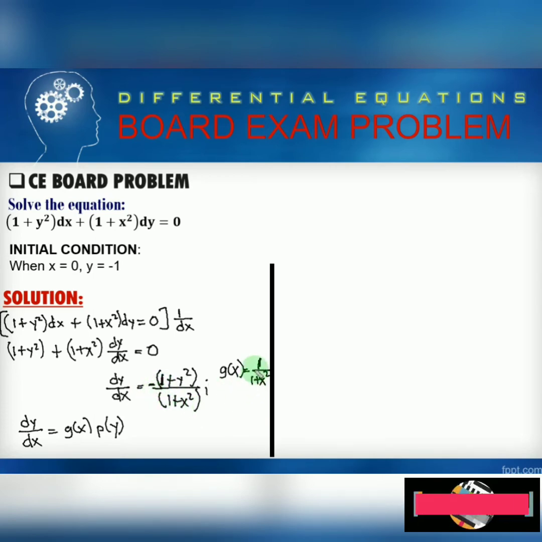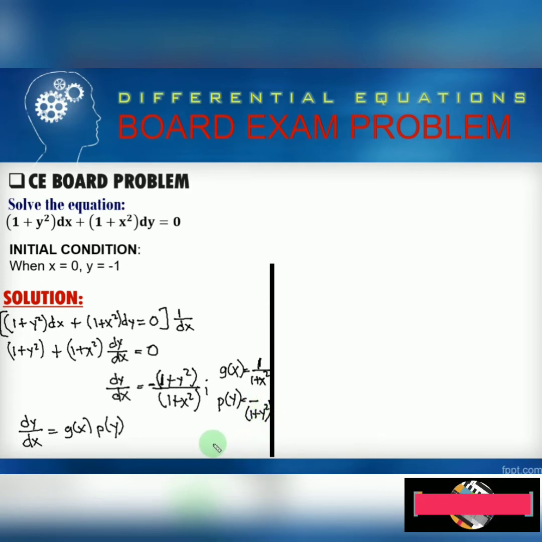So we have a function of x with this 1 over 1 + x^2. And we have a function of p as a function of y, which is the negative of this quantity 1 + y^2.